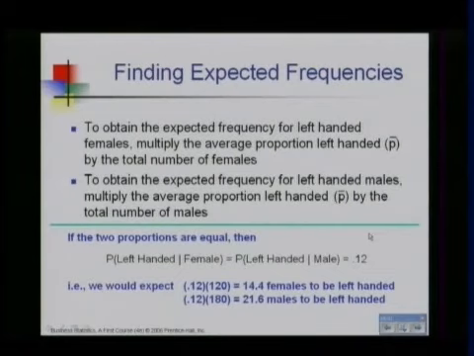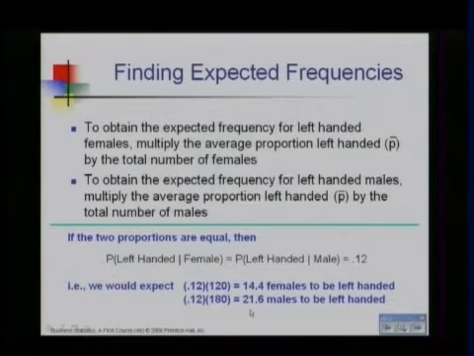Okay, so here's that process. If I take 0.12, which is the p-bar, average proportion, multiply by 120, multiply by 180 for females and males, these are my expected values. 14.4 for females, 21.6 for males. That is 0.12 times 120, 0.12 times 180.